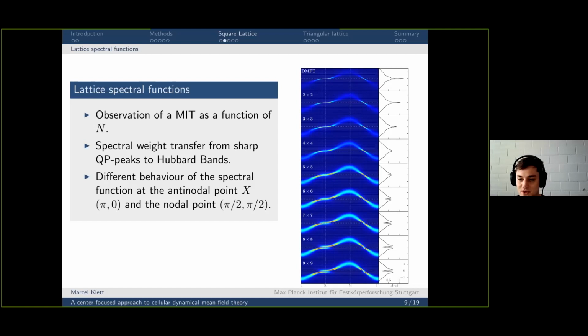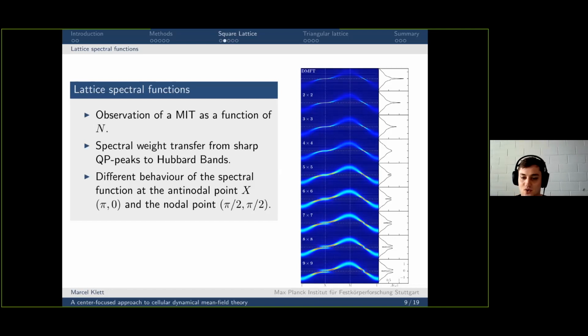So there is a gap at the antinodal point, so at the X point, appearing at a cluster size around 6 by 6. Whereas in the nodal point, this gap is not opened yet. But let me also state that we are not expecting any pseudogap phase or behavior in this parameter regime, since I did not include any doping or t prime.